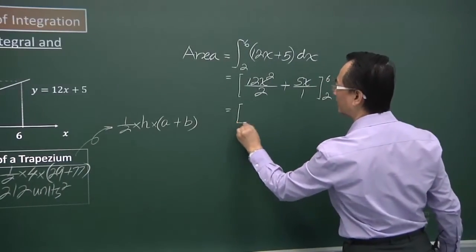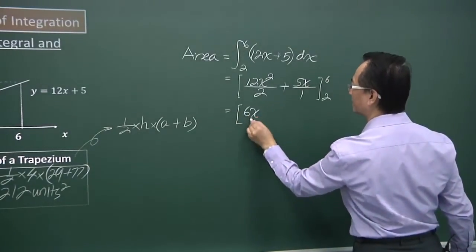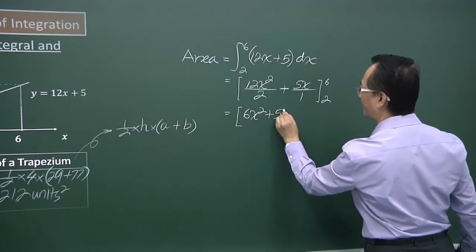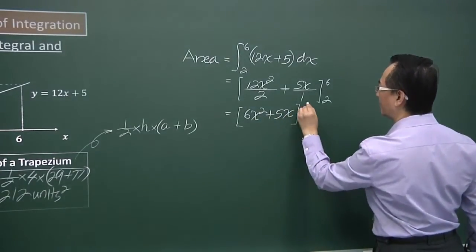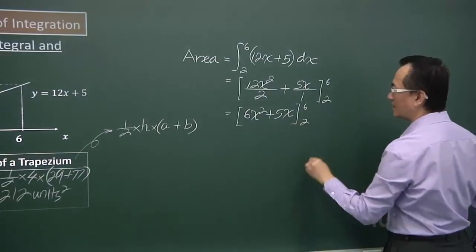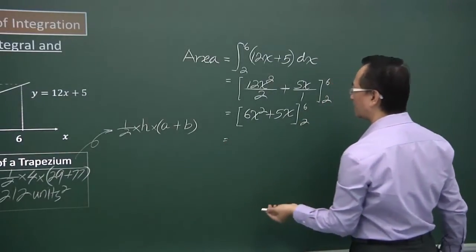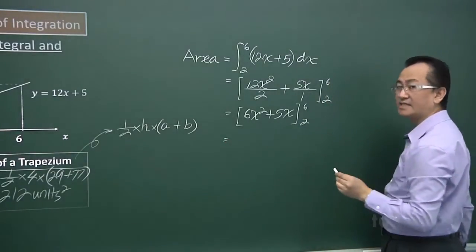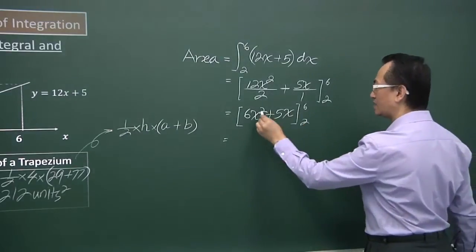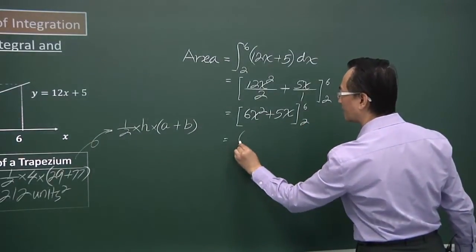So to simplify the expression, I have 6x squared plus 5x. The upper limit is 6, lower limit is 2. So I will take the upper limit 6 and make substitution into the expression.